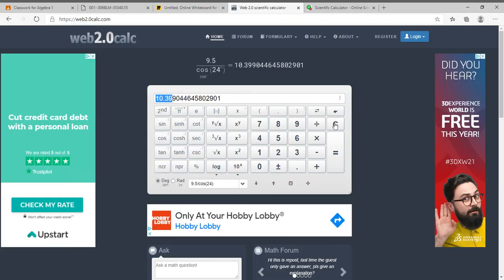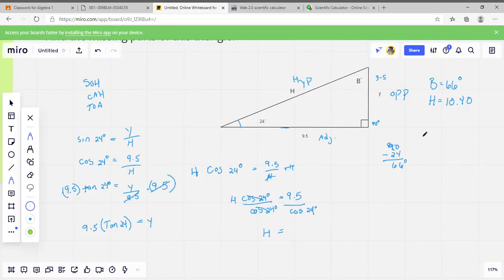So we need 9.5 times the tangent of 24. And it is 4.229, so 4.23. So y equals 4.23. And there is the answer to that.